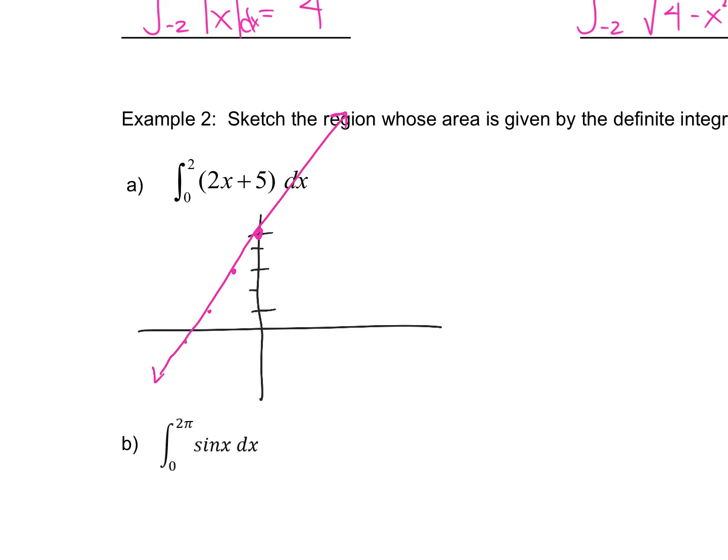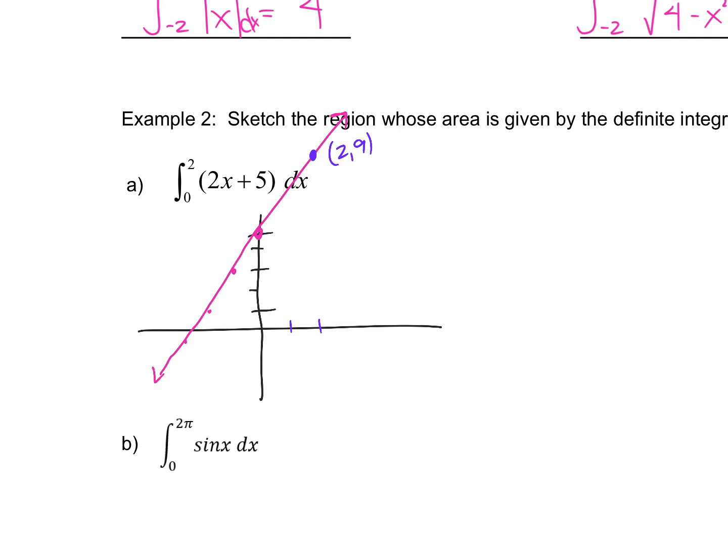What area do I want to find on that one? The area between what and what? 0 and 2. Okay, so at 2, what's my y value up here? 9. We know because we count using the slope, yeah?